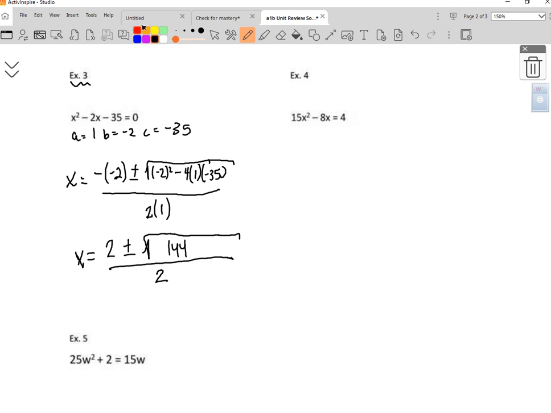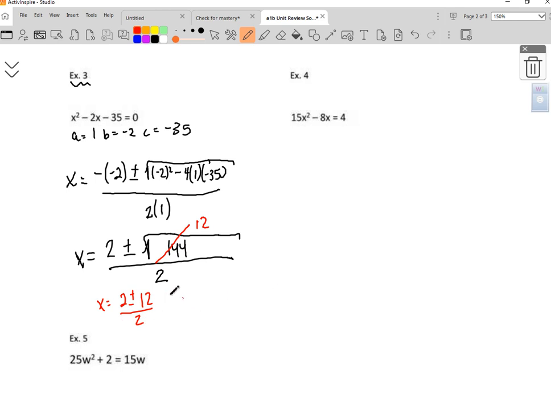Now, what we really need is the square root of 144, right? So let's hit the square root button, and we know we can replace the square root of 144 with 12. So now we have x equals 2 plus and minus 12 divided by 2.